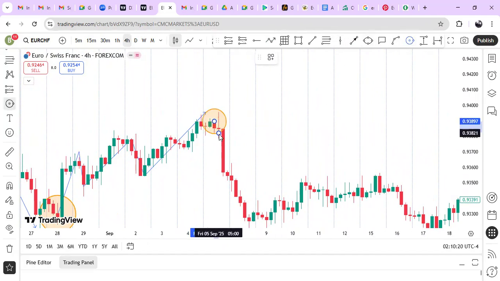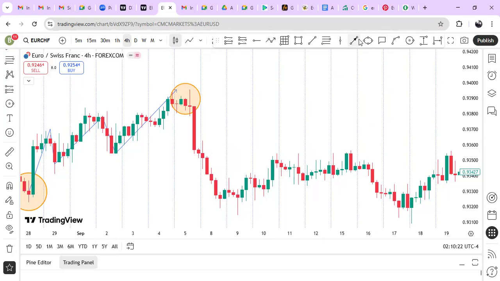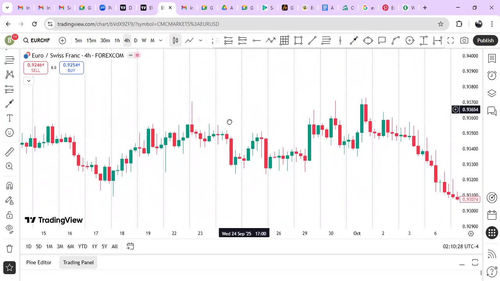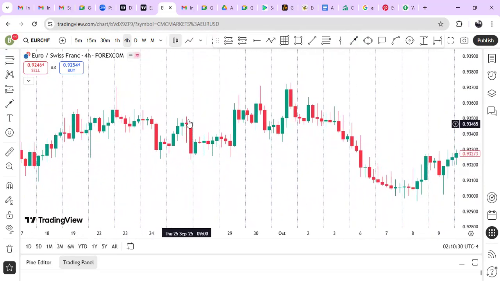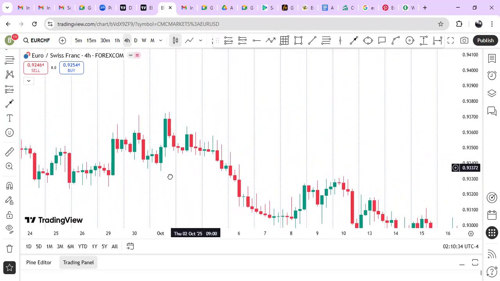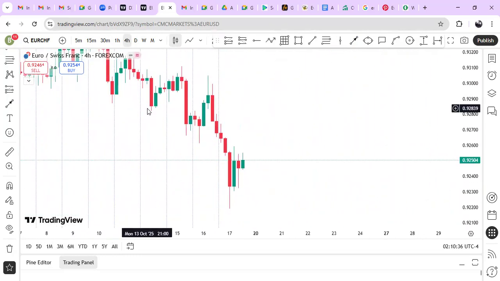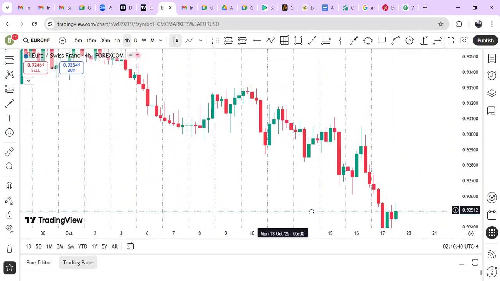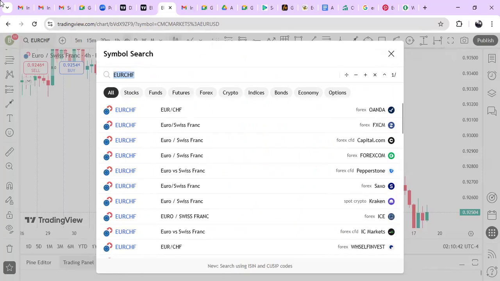What happened next? Nice push to the downside. Here again, doji formed, market sold. Doji formed, market bought. Doji formed, market sold. Doji again, market sold. So you see these candles everywhere.